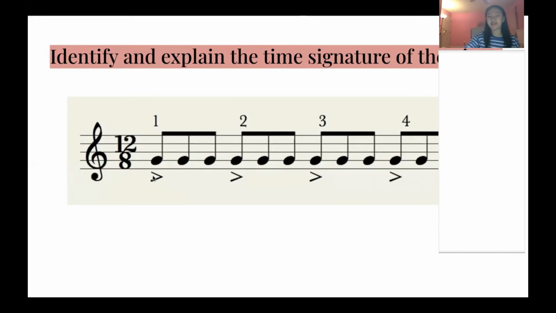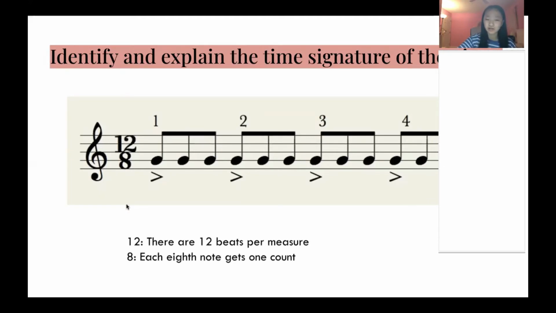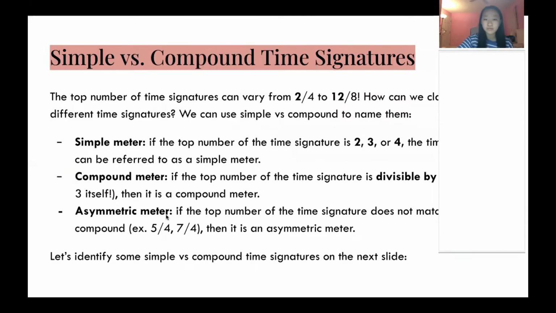Exactly, very good. It's called an accent. I know you know what it means. And we're going to talk a little bit about how accents relate to time signatures in a while. But very good. So there are 12 beats per measure, and each 8th note gets 1 count. Oh, I get it. They go like dun dun dun dun. Yeah, exactly. And we'll visualize that later.